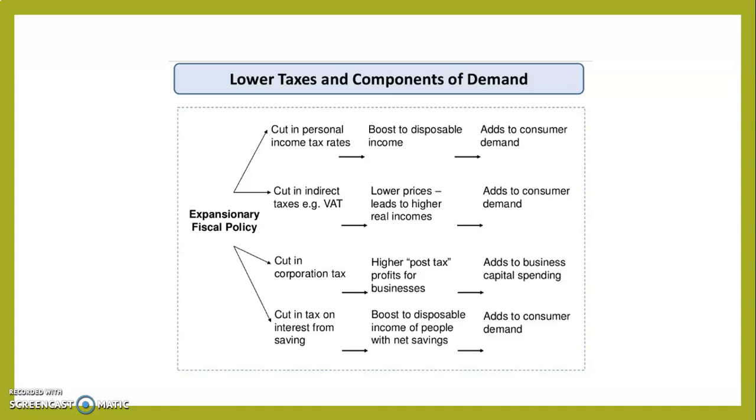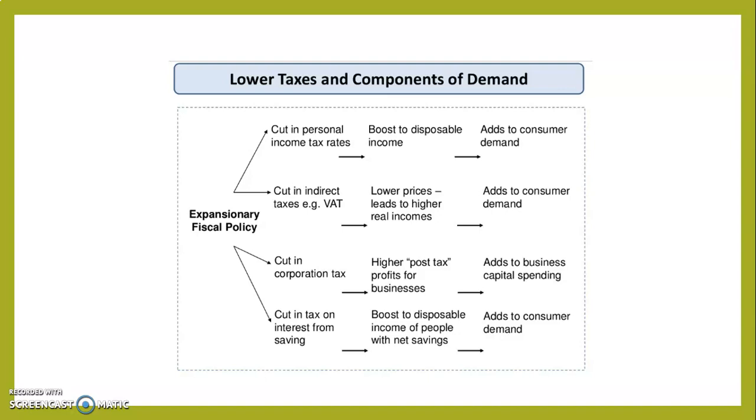Lowering the VAT will make the goods prices fall, and as you know, there is an inverse relation between your demand and the prices. Whenever the prices for goods and services fall, you will demand more of them. So lowering the VAT will make you demand more, so your consumption will increase, so the aggregate demand will increase.